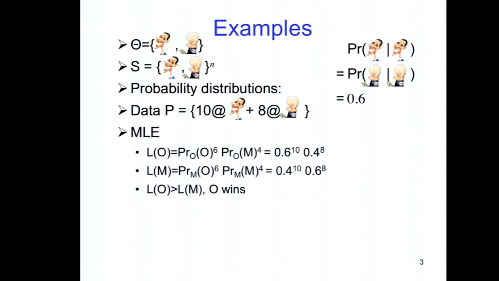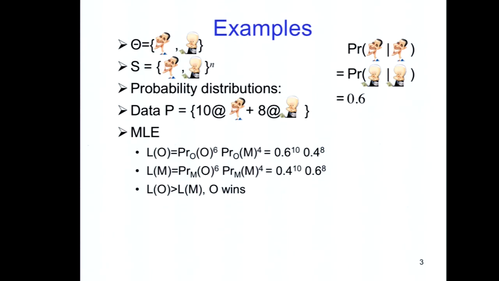Okay, so for the MLE, the likelihood of Obama is like this. So just plug in the formulas. There should be 10. Sorry, typos. So let's just look at this. Suppose the ground truth is Obama.